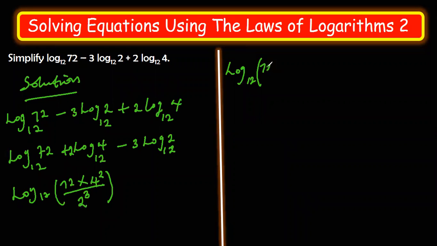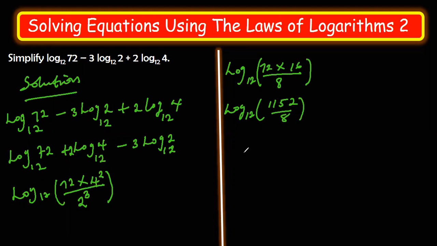So 72, 4 squared is 16, divided by 8. And then 72 times 16. Let's press the calculator. So we're having 1152. That is 1152 divided by 8.